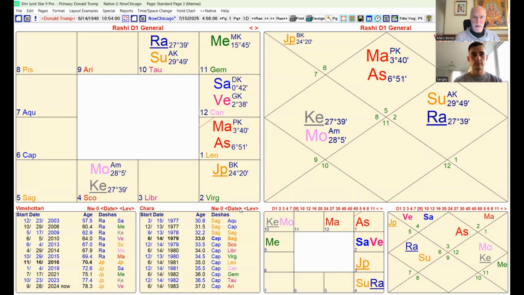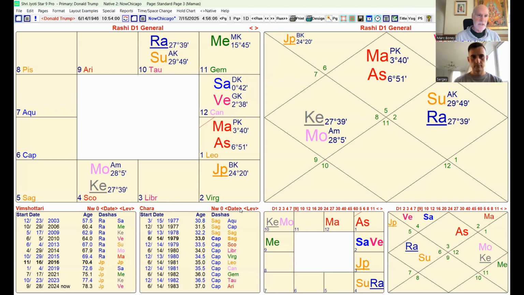So count Aquarius to Cancer is 6, and then you count 6 more from Cancer, you arrive at Sagittarius. Sagittarius becomes the pada of the seventh house, sometimes called the Aruda of the seventh house. And as such, like the seventh house itself, it also becomes eligible for bringing this event.